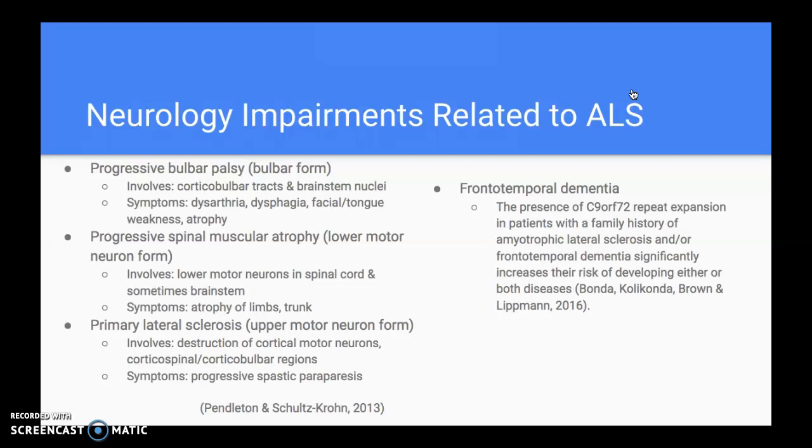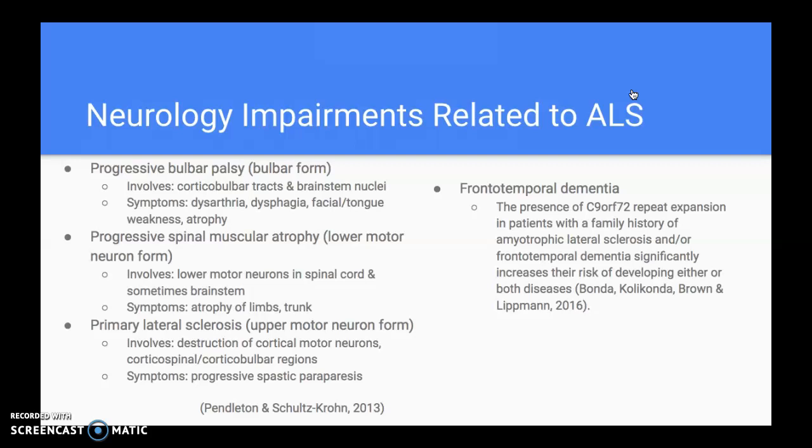Symptoms of this include atrophy of limbs and the trunk, which would show as decreased postural control. Primary lateral sclerosis involves the upper motor neurons and the destruction of cortical motor neurons, corticospinal and corticobulbar regions. This would present as progressive spastic paraparesis.